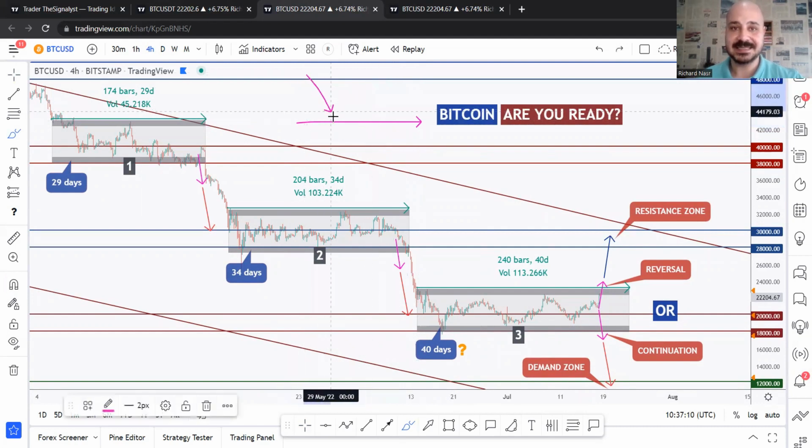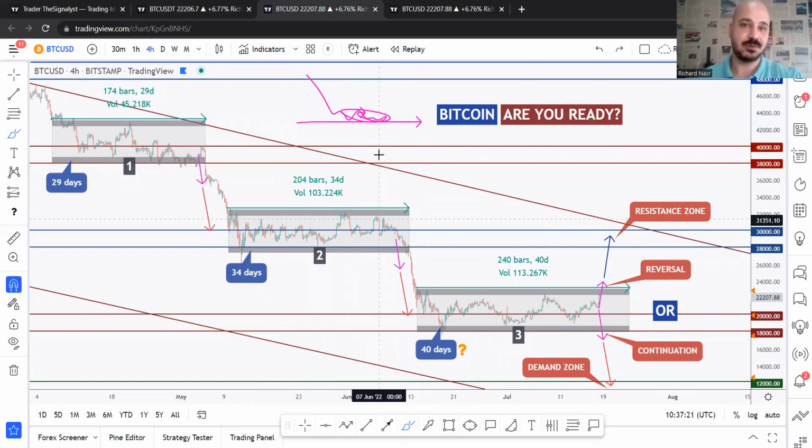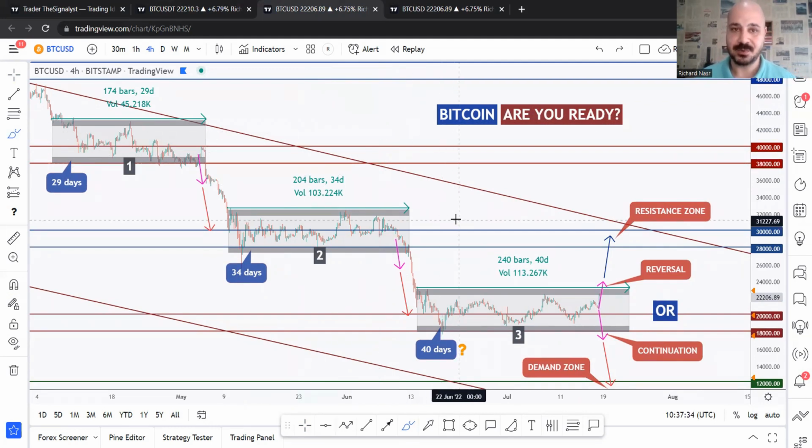But if price gets stuck inside a range, it means there is no buying pressure to push it higher. So we'll be expecting a breakout of this support sooner or later. We can't really know, it's not a foolproof rule, but it is more probable that price would break the support down.